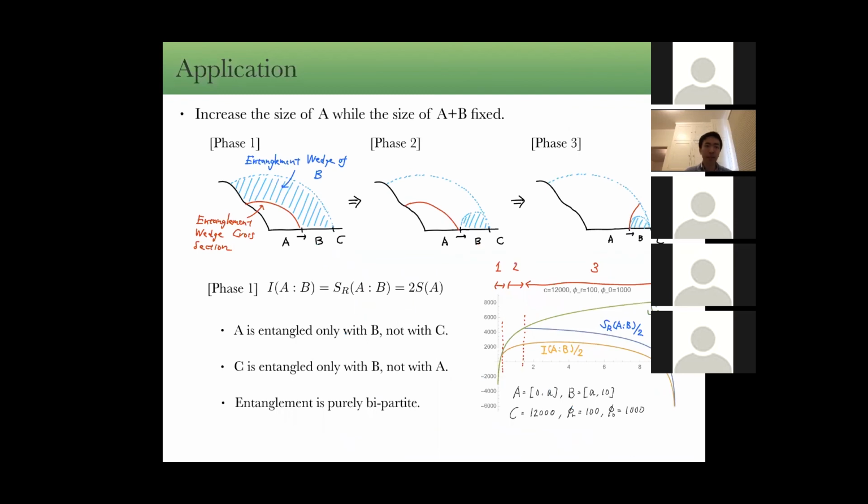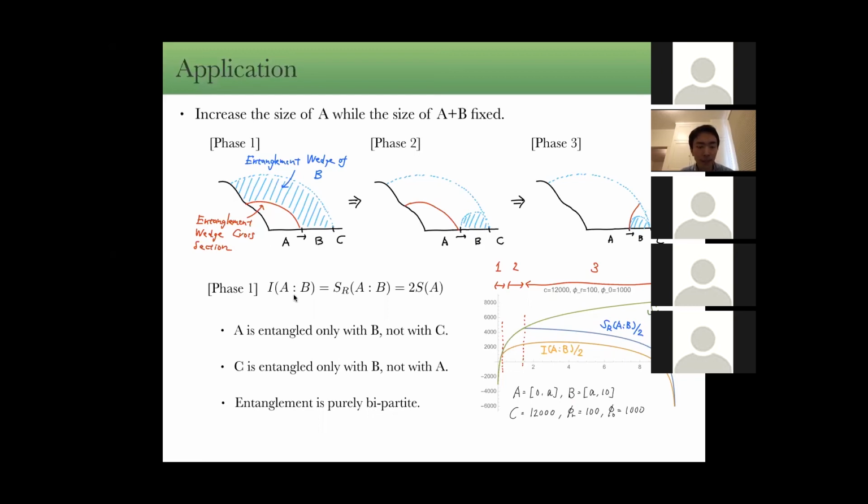And indeed, these two phase transitions don't coincide. And this is what happens in practice. So in the first phase, when A is small enough, B has an island in the JT brane.